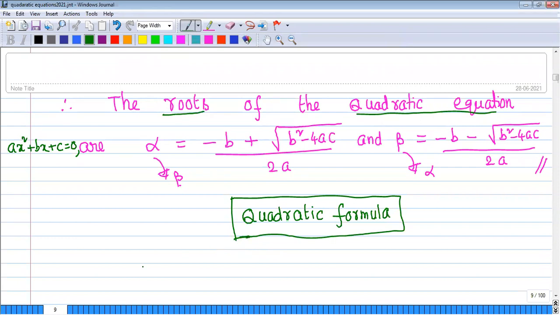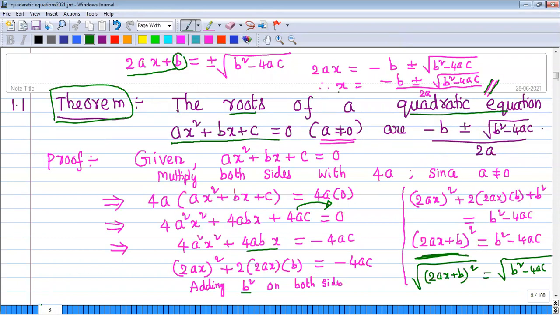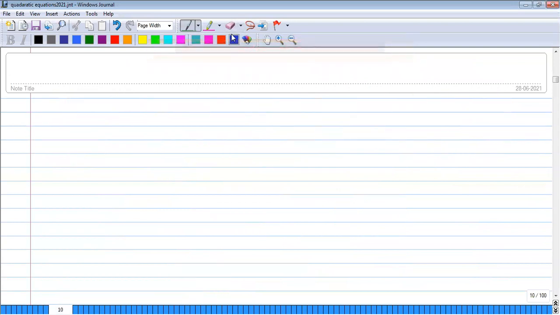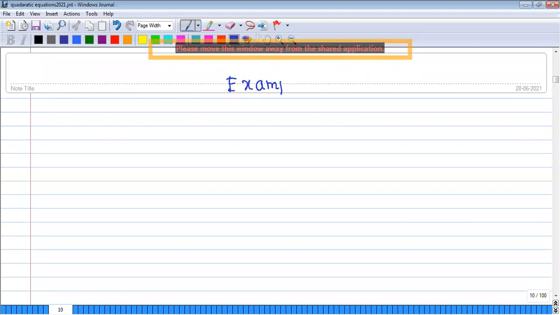Sir, please show the previous page, sir. Right, let us move to today's session now. Examples. Okay. First example.